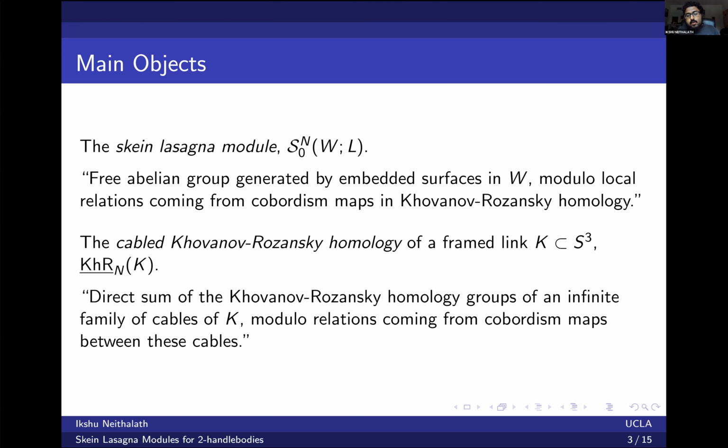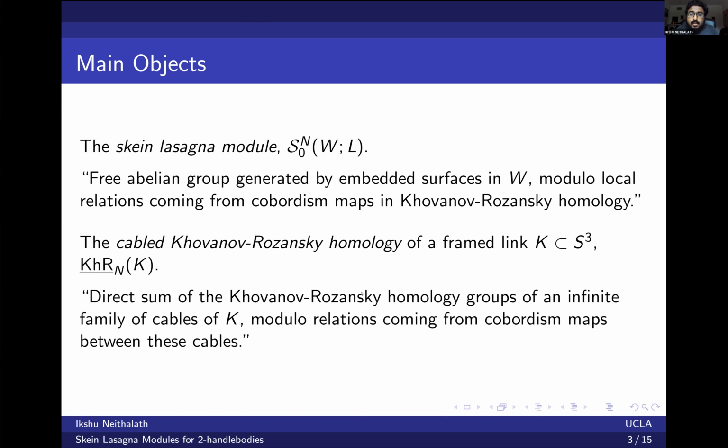Okay, so somehow this group is a little bit more concrete than the first object, in the sense that it's something constructed out of Khovanov-Rozansky homology groups, which are in some sense combinatorial, or more algebraically constructed. They're things you can really get your hands on. That's not to say it's extremely computable or anything.